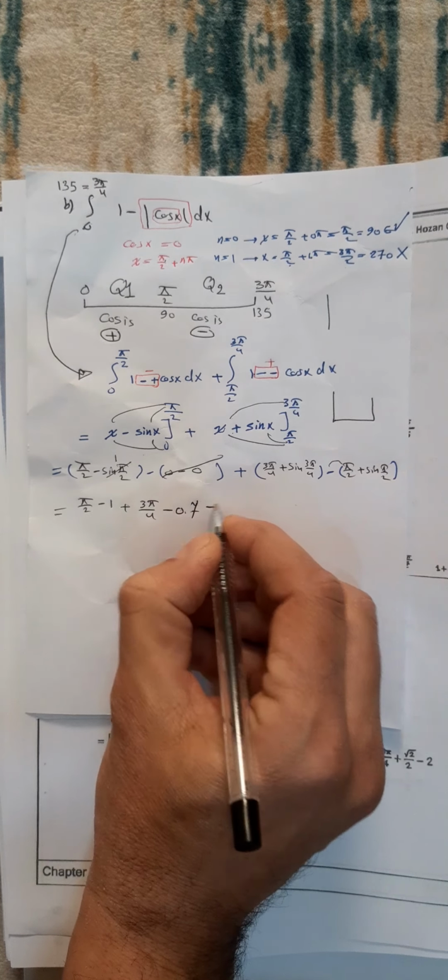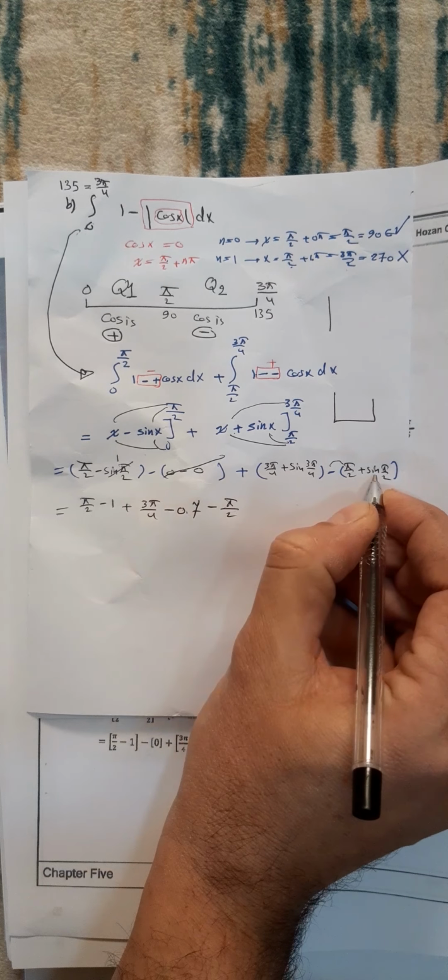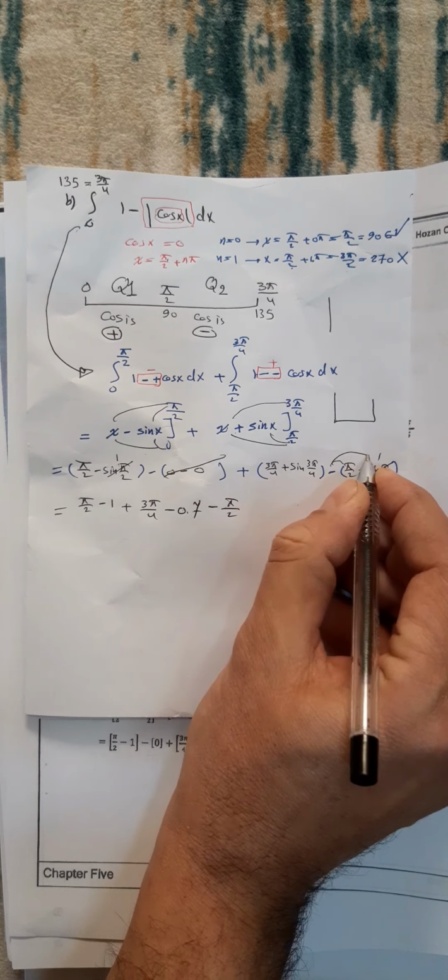Minus pi over 2, sine pi over 2 is 1, so minus 1.